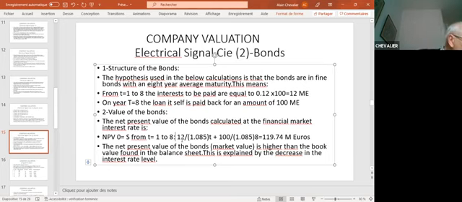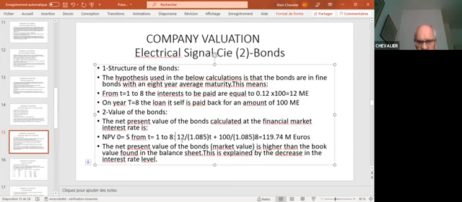So it means the net present value of these bonds has increased because the interest rate decreased. And we have to take into account in the calculation a 9.5% interest and not a 12% interest.